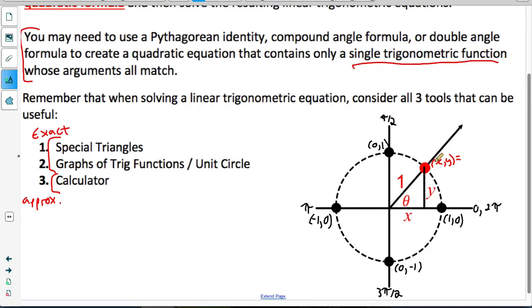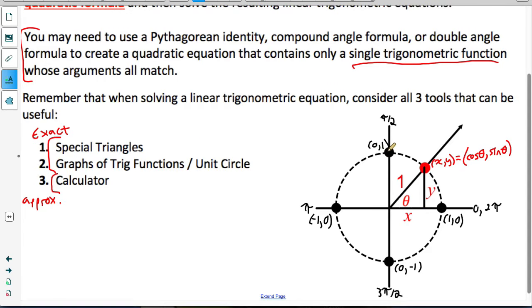So the x coordinate tells us the cos theta ratio. Sine theta equals y over 1, which is just y, so the y coordinate is equal to the sine ratio of the angle. So the xy coordinate tells us the cos and sine ratios of the angle, as long as it's the coordinate of where it intersects the unit circle.